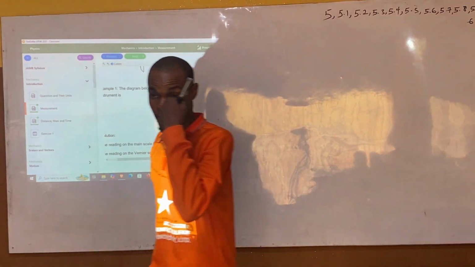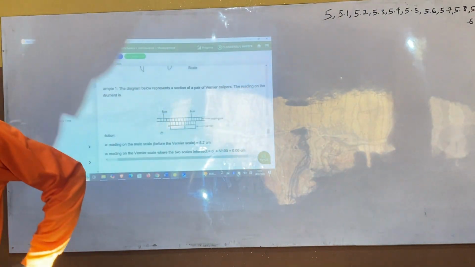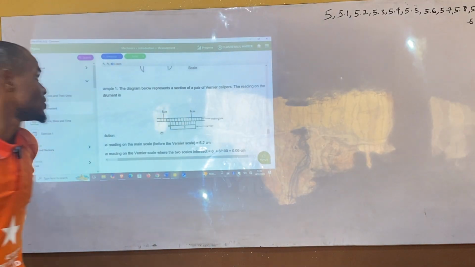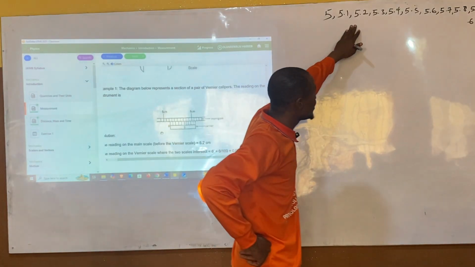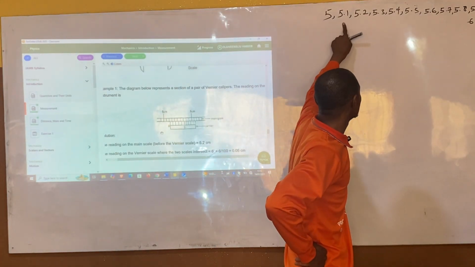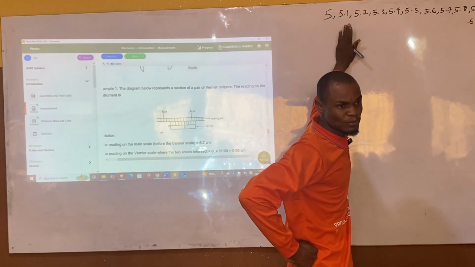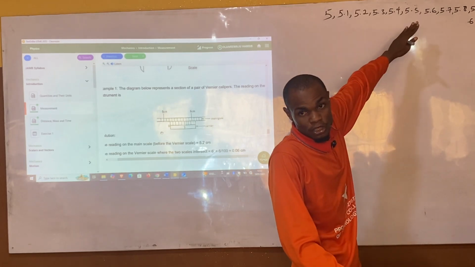These are the decimal numbers. We have more than that. You can say 5.01, but we are not doing that. We have it in a short form.